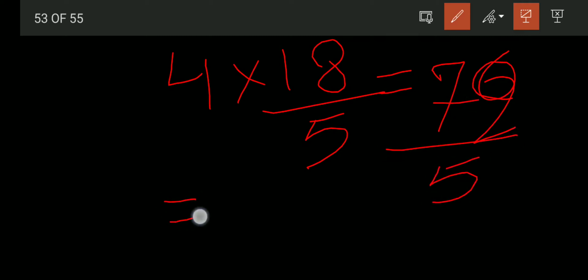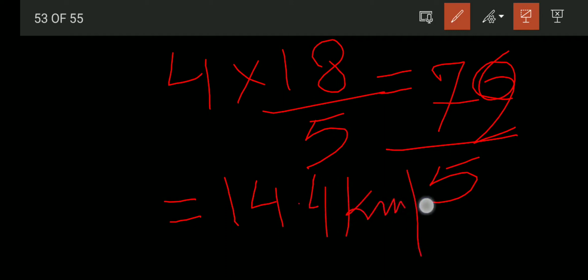And when you divide 72 by 5, that comes to 14.4 kilometer per hour. So this is her speed in kilometer per hour.